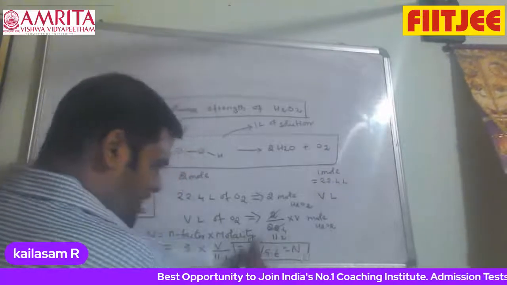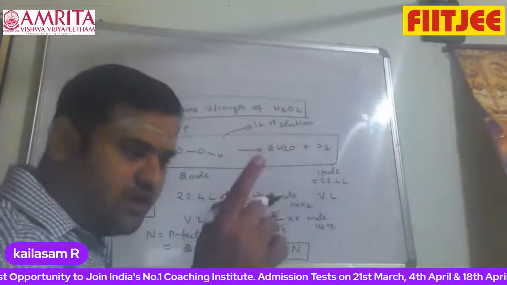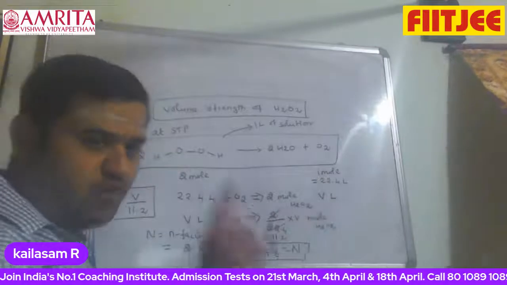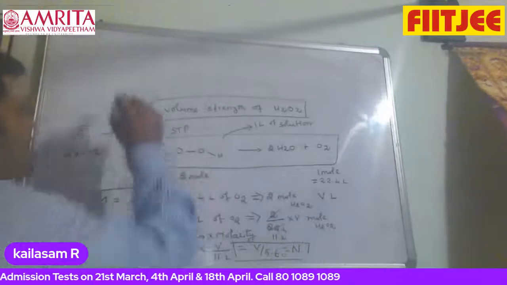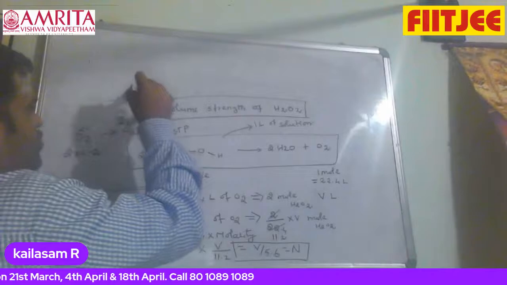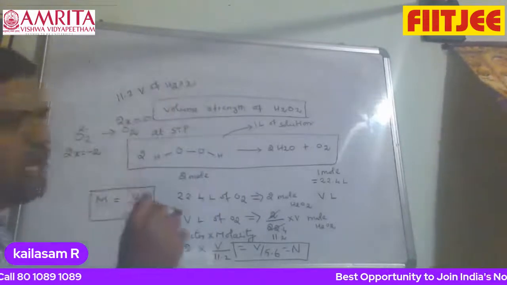So what is V here? V is the oxygen gas that comes out, in terms of liter. Suppose I am telling you 11.2 volume of H2O2. What is the meaning of 11.2 volume of H2O2?